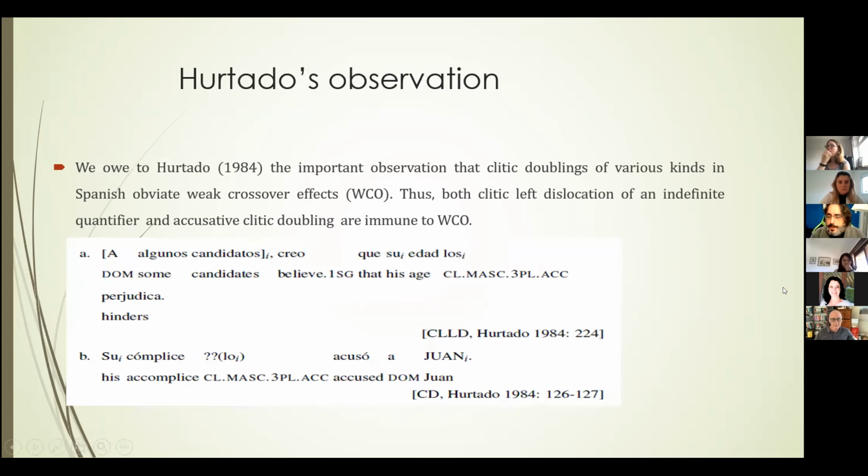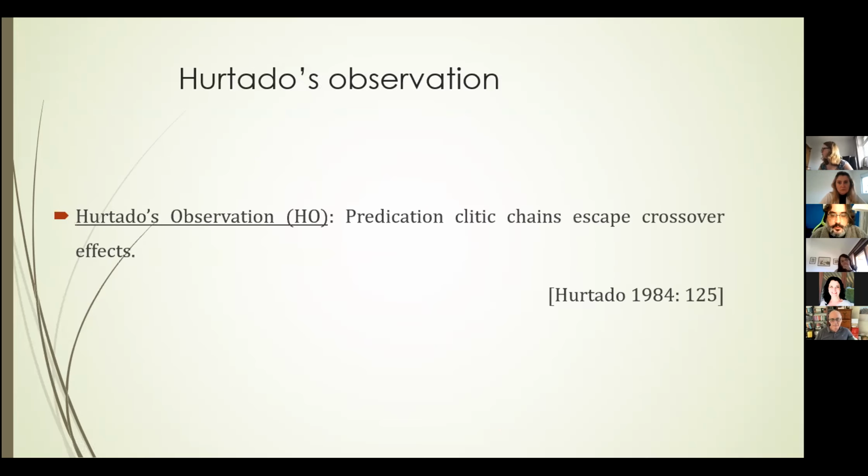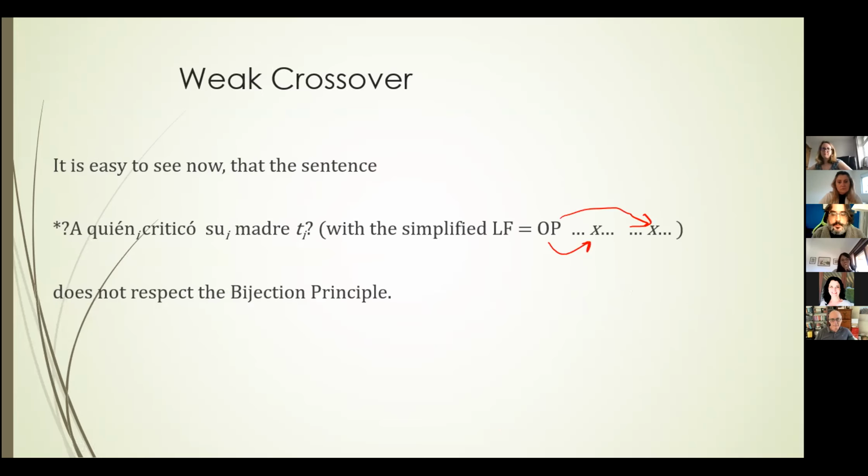Now, Koopman and Sportiche, one clarification is in order here. It's important to have in mind that this X here doesn't correspond necessarily to traces or a particular abstract object.